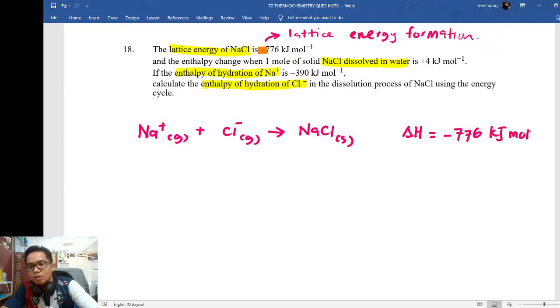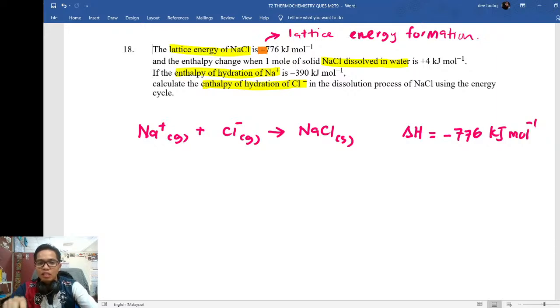kilojoule per mole. Sometimes soalan dia akan bagi the lattice energy of NaCl is positive. Bila positif bermaksud equation tu dia reverse. NaCl solid tukar jadi Na plus gas and Cl minus gas. Or if you want to fix with this kind of equation, meaning you start with gas ions and produce NaCl solid, your delta H will always sentiasa negatif.